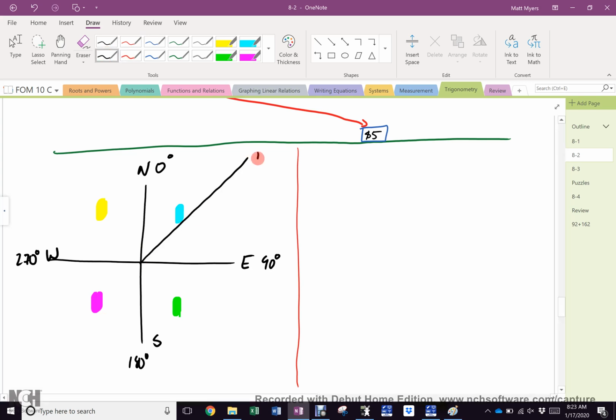That is northeast, which would be how many degrees? 45. Am I walking on the blue side or the yellow side of northeast? The yellow side, because I am walking out here at 72 degrees. I start at 0, so that is 72 degrees. Do we all understand? Have I made a triangle yet?